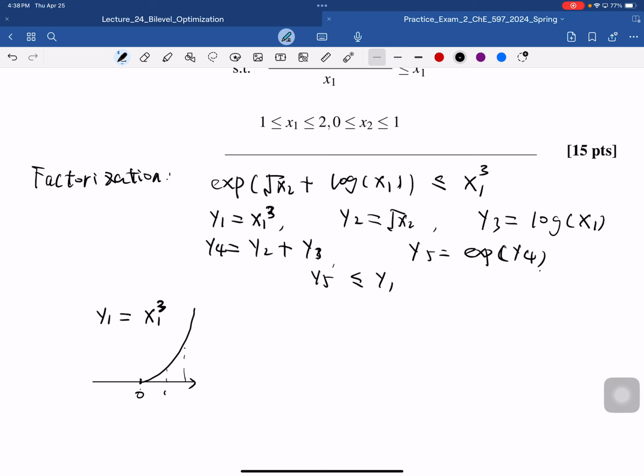Let's say this is 1, this is 2. So we need to find a convex underestimator of this function and a concave overestimator of this function. The underestimator is very trivial since this function is convex. So you can have y1 greater than or equal to x1 raised to the power of third. This is a convex constraint for x1 between 1 and 2. So this is your convex underestimator.